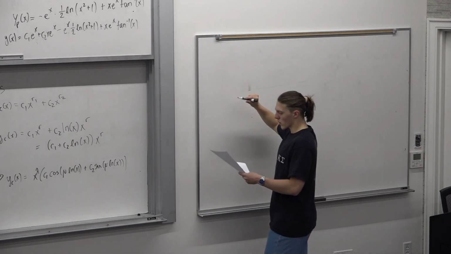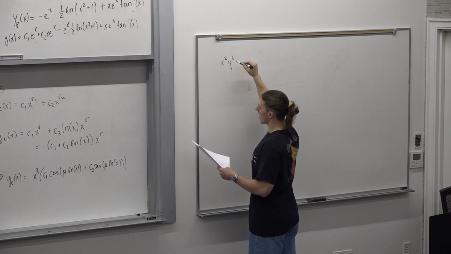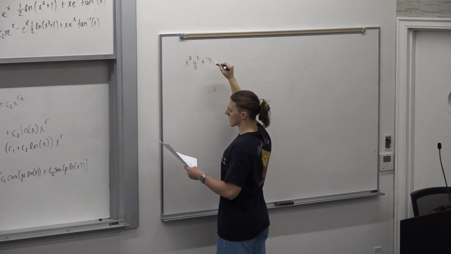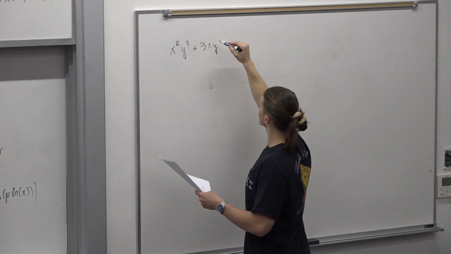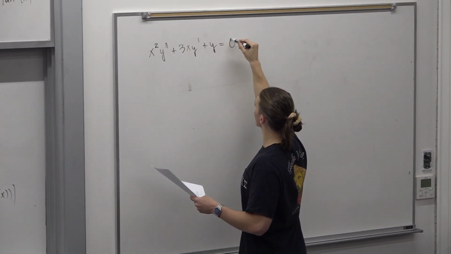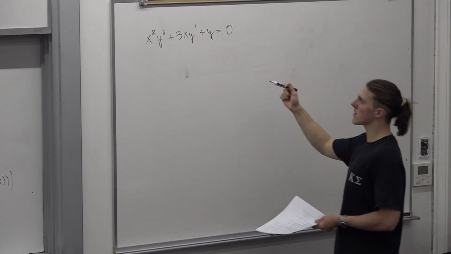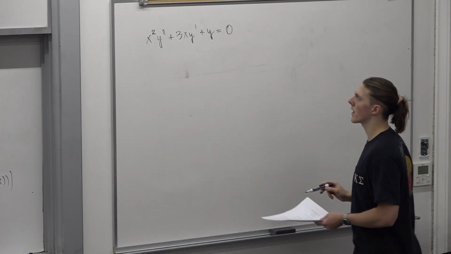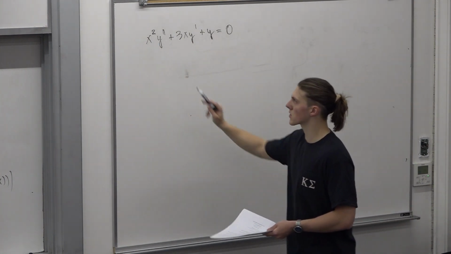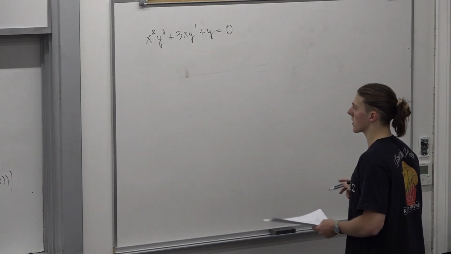Let's do a quick example of a homogeneous case where g of x equals 0. When you see this, the first thing you should recognize is that derivatives of y have a function of x attached to them, so you know it's the Cauchy-Euler equation.